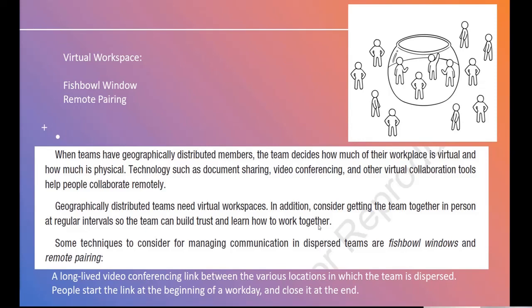So they are saying that before going virtual, Agile always recommends face-to-face, in-person communication. Before going virtual, the team members need to have at least a day of in-person work so that they can communicate and build trust.